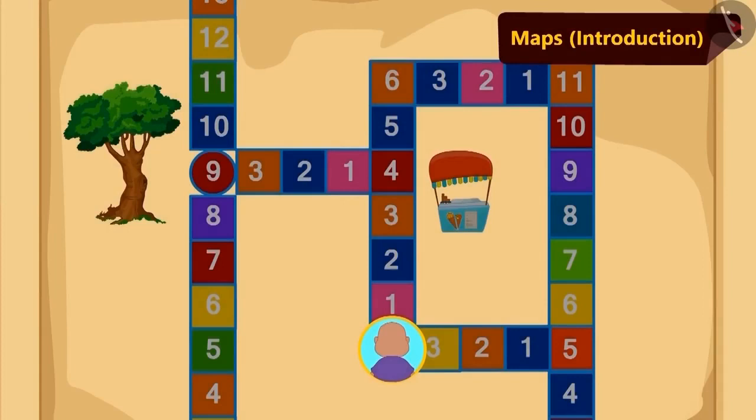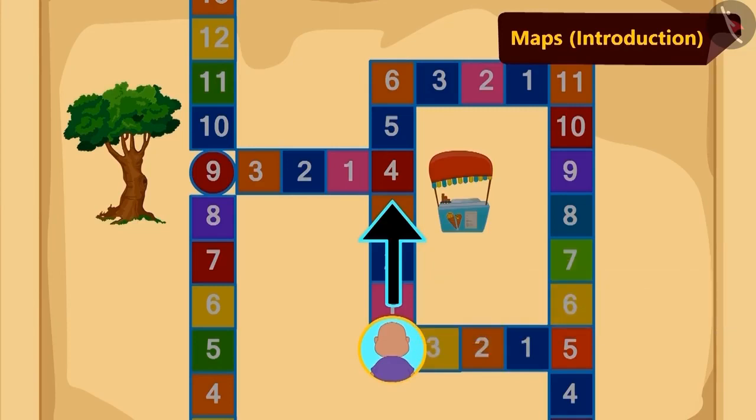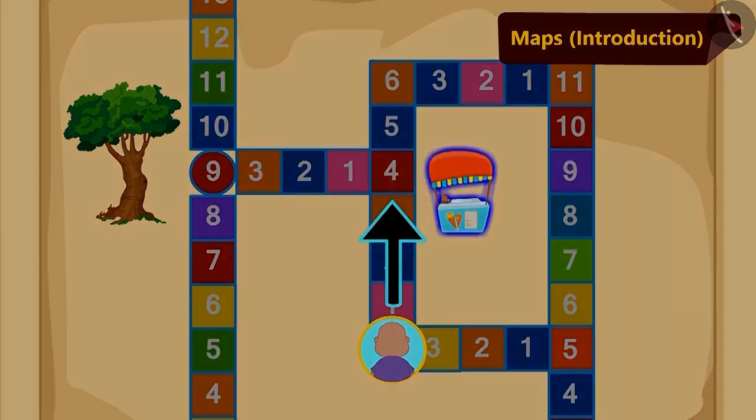Children, can you tell me which is the nearest stall to Bablu after he walks 3 steps further? The nearest stall to Bablu is Babban's ice cream stall.